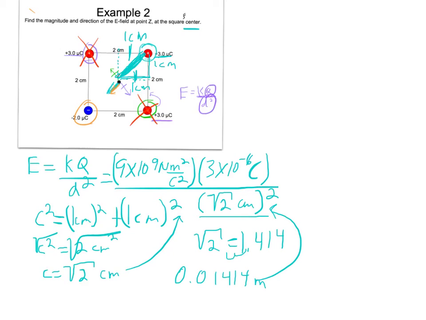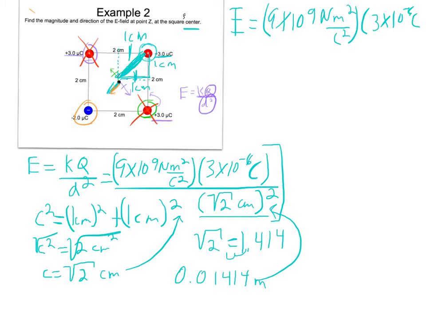I was going to try to divide this side up so I could get both on here, but I think I should just give up on that, and I'm going to rewrite this equation because this is getting sloppy now. So E is 9 times 10 to the 9th newton meters squared per coulomb squared times 3 times 10 to the negative 6 coulombs, all over what we just found out, 0.01414 meters squared.